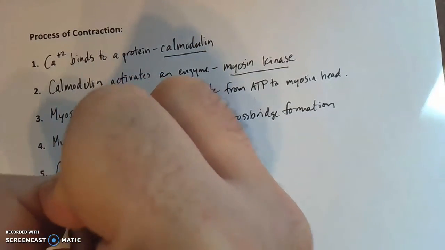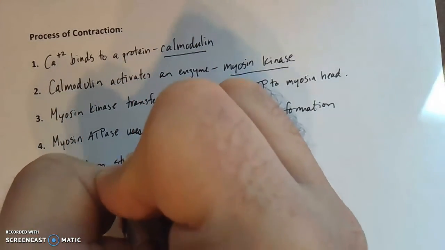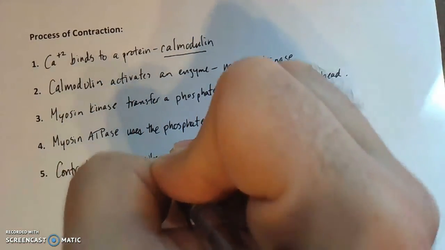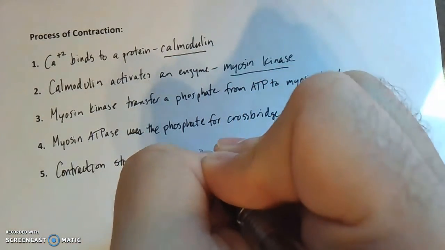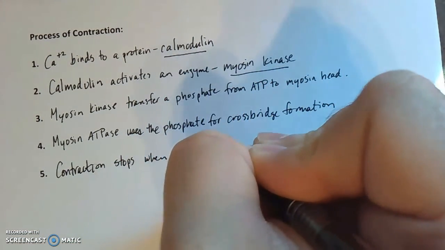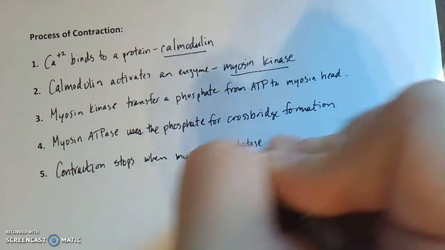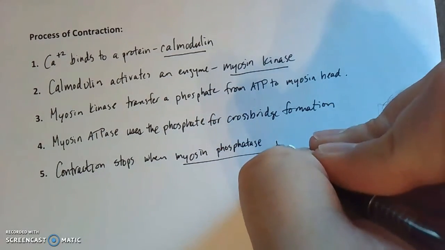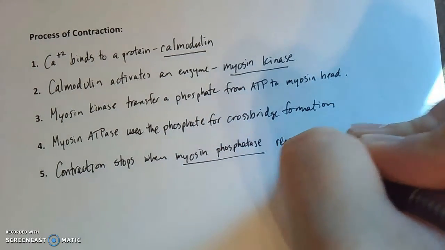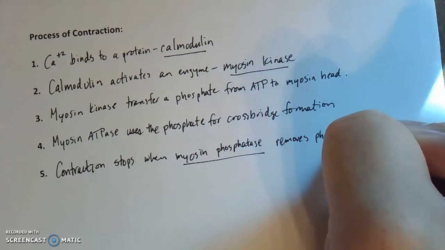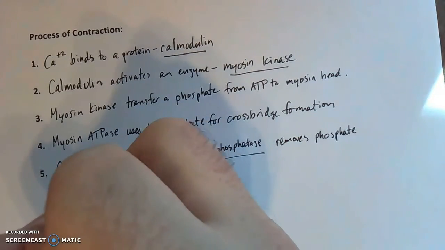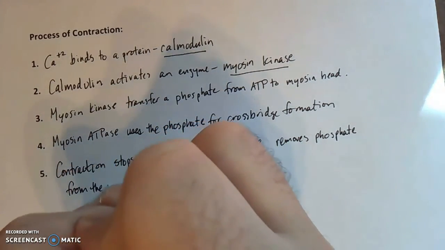So contraction stops when another enzyme called myosin phosphatase removes phosphate from the myosin head.